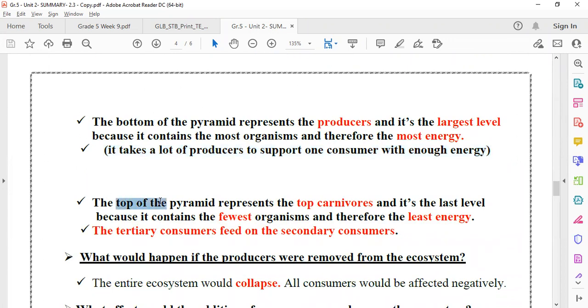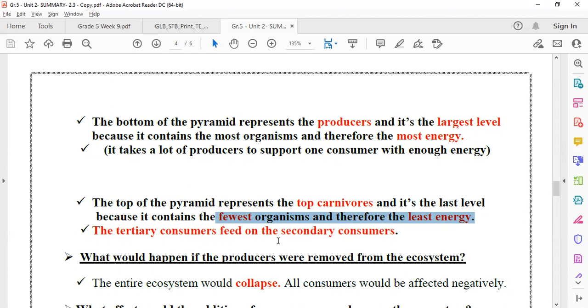Then what about the top of the pyramid? The top of the pyramid represents the top carnivores, like the jaguars or the hawks. And it is the last level because it contains the fewest organisms and therefore the least energy. This is the fewest number of organisms, and therefore the least energy.